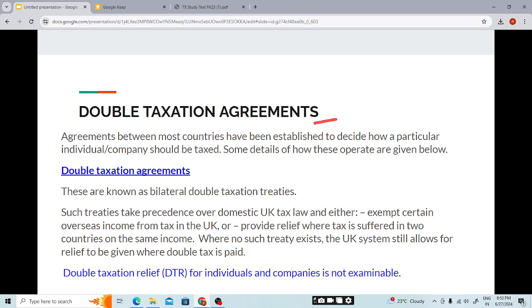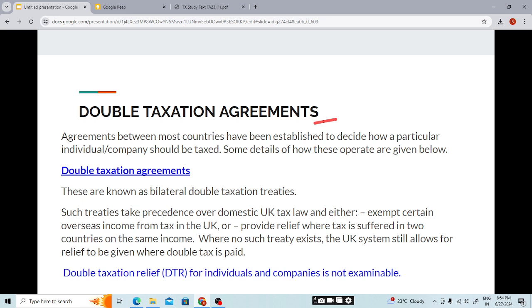So to solve these issues, each country will have a double taxation agreement with other countries. This means that if an individual is earning and paying tax at 20 percent in India, and if he carries that income to UK and is paying 30 percent, what will the double taxation treaty mean? He has already paid tax in India at 20 percent.